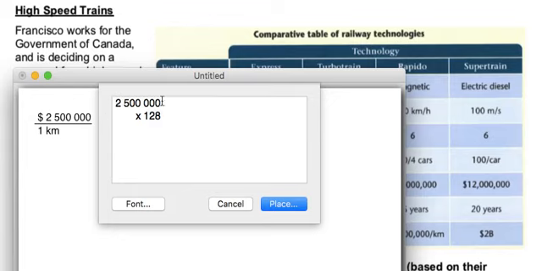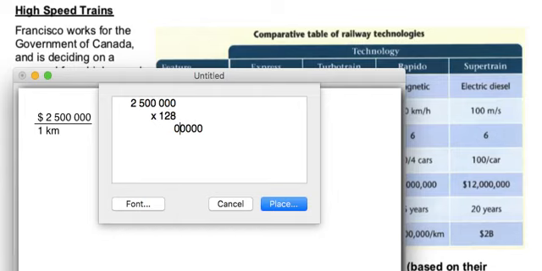You do 2.5 million times 8. Let me make a little more space here to make this easier to do. This is stuff that you had to do back in elementary school. This is kind of hard to do backwards, isn't it? 0, and then 0, and 0. This is me just multiplying 0 times 8, again and again.